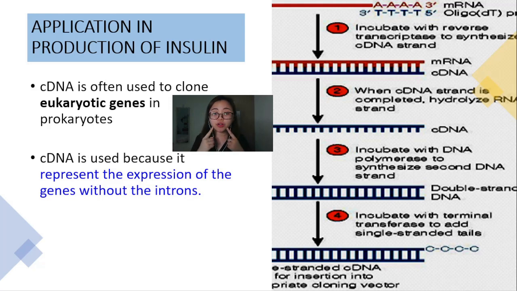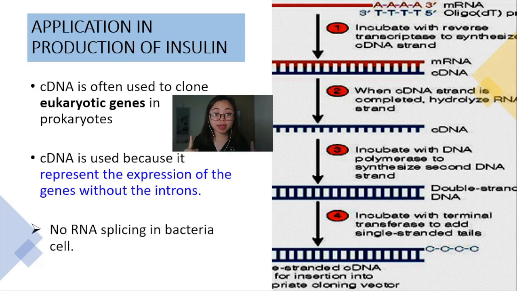Remember, eukaryotes have introns and exons in their genes. But bacteria do not have introns. Okay, bacteria punya DNA tiada intron. Dan dalam bacteria tiada RNA splicing. Since there is no RNA splicing in bacteria cell, if you give the bacteria a piece of gene that has intron and exon, it doesn't know where to cut.